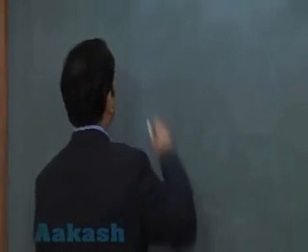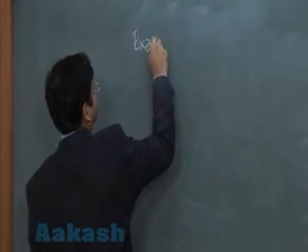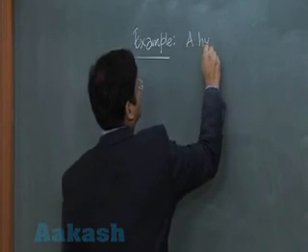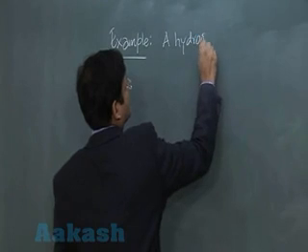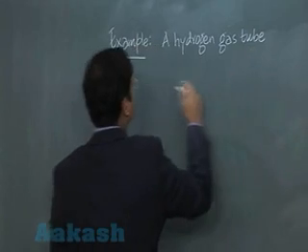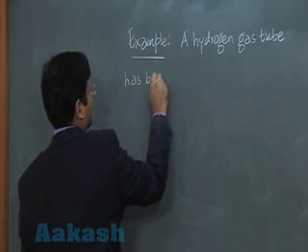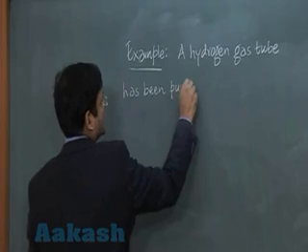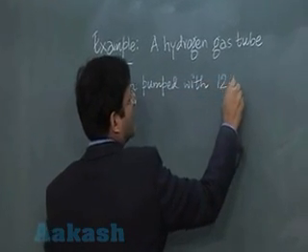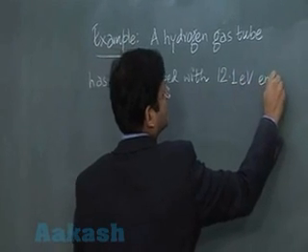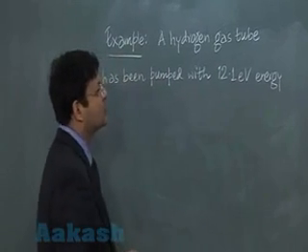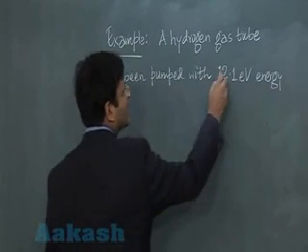Imagine a situation in which a hydrogen gas tube has been pumped with 12.1 electron volt energy. Understand? There is a hydrogen gas tube, and you have pumped it with 12.1 electron volt energy.